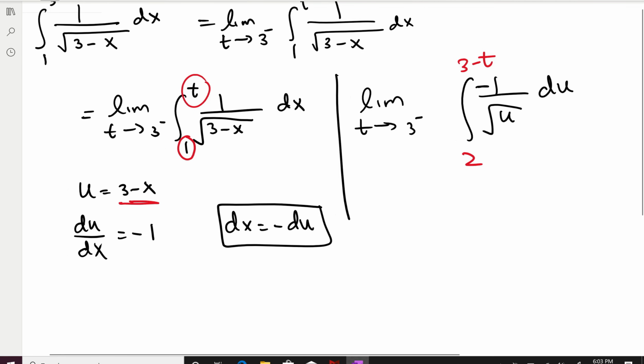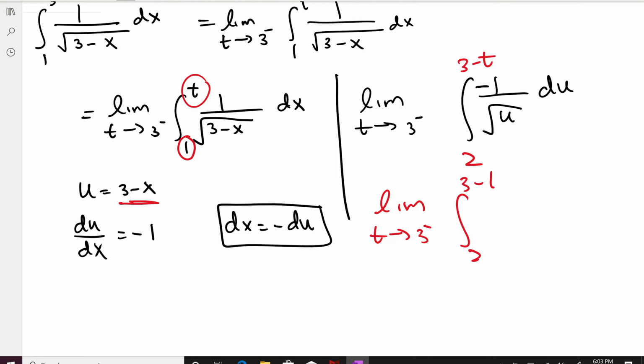All right. So, this is the limit when t gets closer to 3 from the left, integrating from 2 to 3 minus t, negative 1 over square root u. Square root of u is u to the half, so it's on the denominator. I am going to take it to the numerator, so that my integration becomes nice. So, it's minus u to the negative half, right?